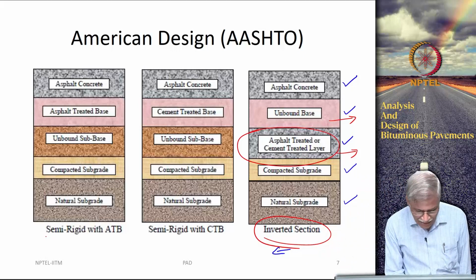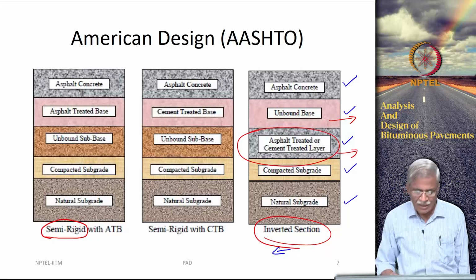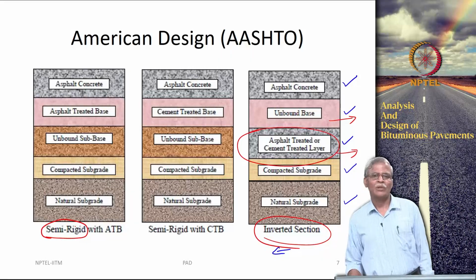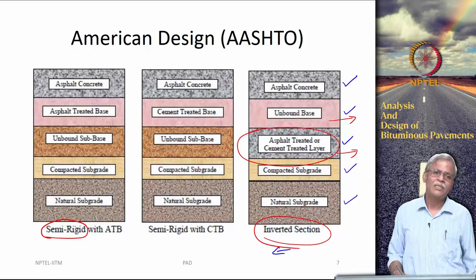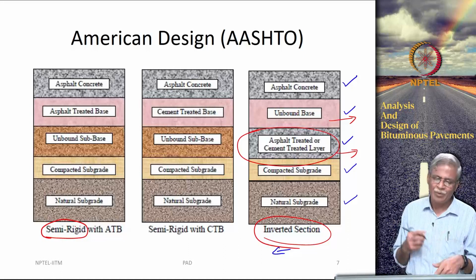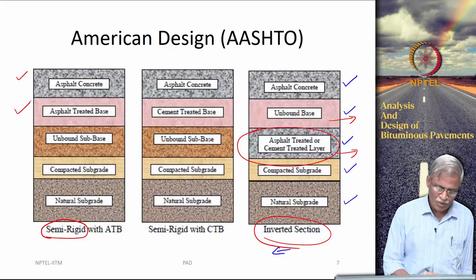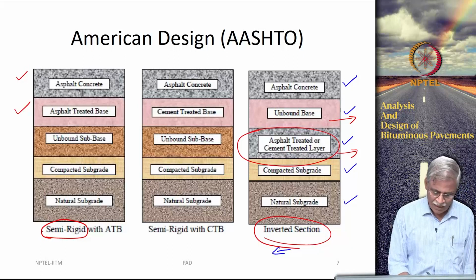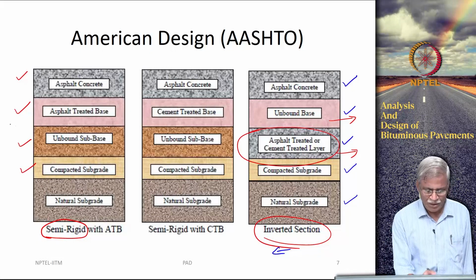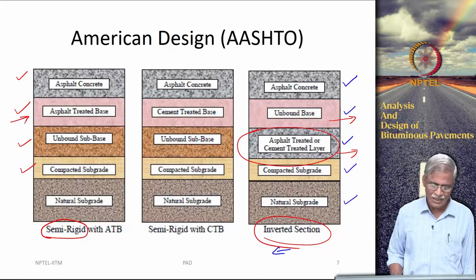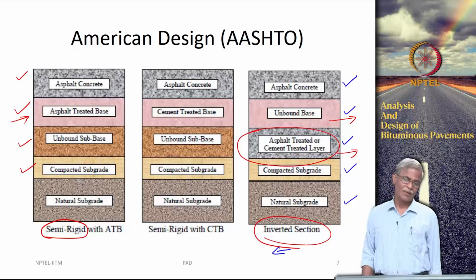You can, and then this is an unfortunate terminology, what is called as semi rigid, or you can say a combination of concrete and bituminous pavement, because bituminous pavement, and then you can actually have what is really called as an unbound subbase, compacted subgrade, but the most important thing that you see here is an asphalt treated base.